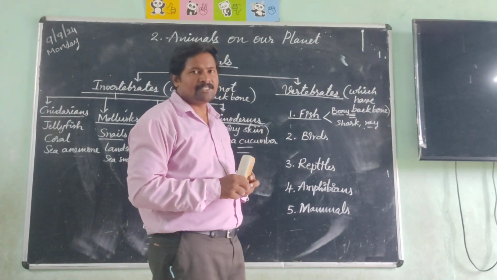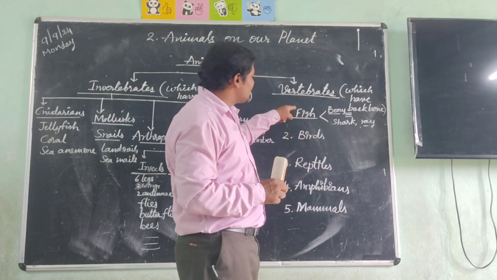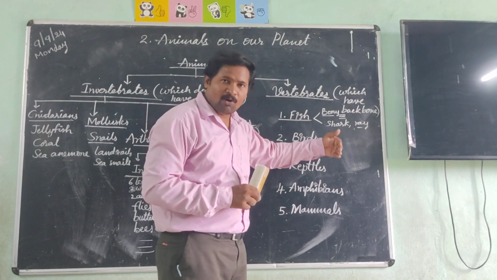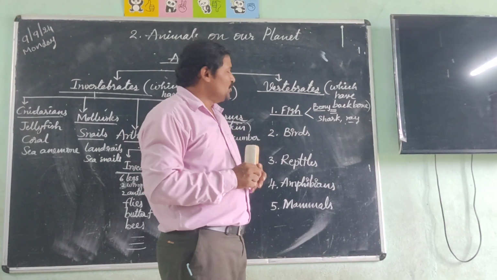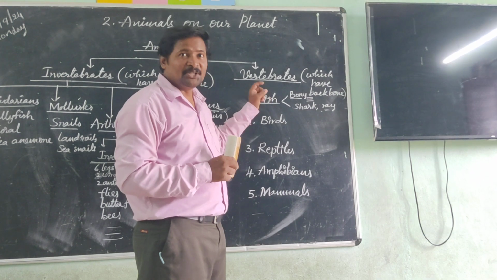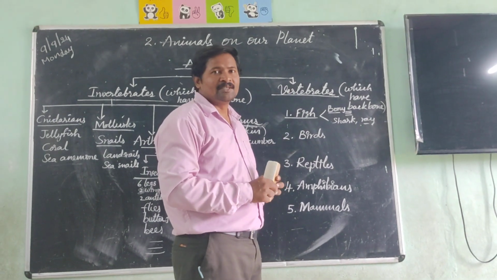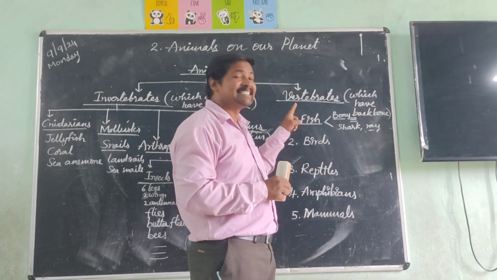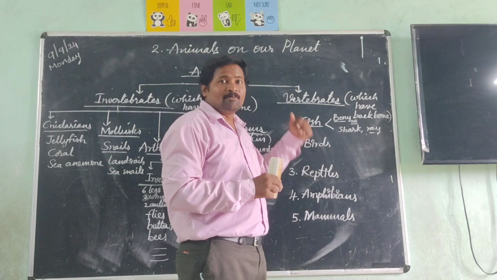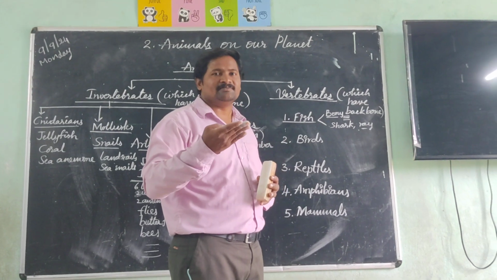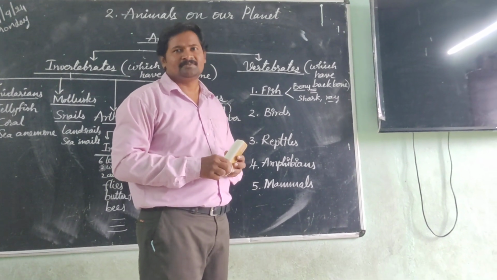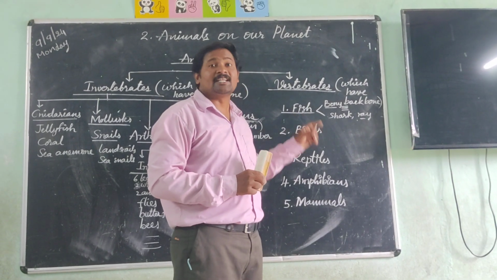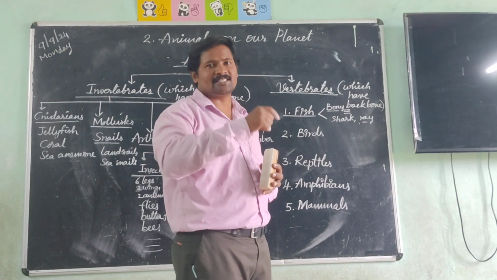So finally, what are the features you learned under the class of fish? They swim in the water. They breathe using gills, and their body is covered with scales, not hair or fur. Their skin is slimy, soft and slippery in nature. Then how do they reproduce? They reproduce by laying eggs.